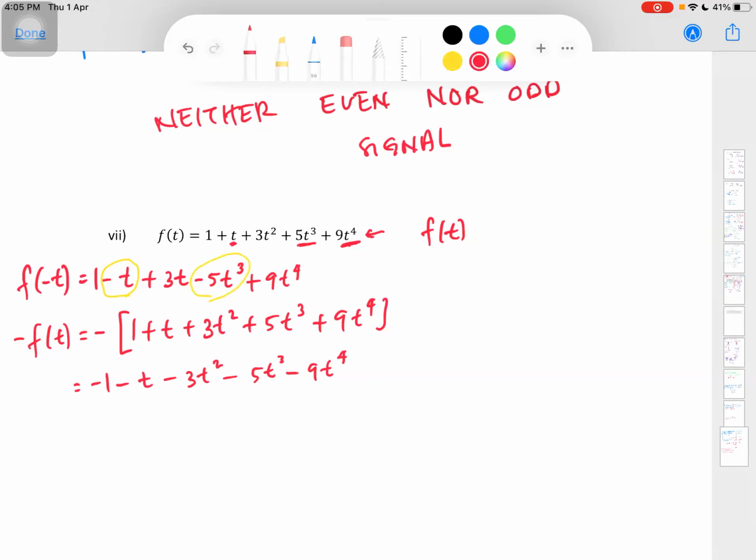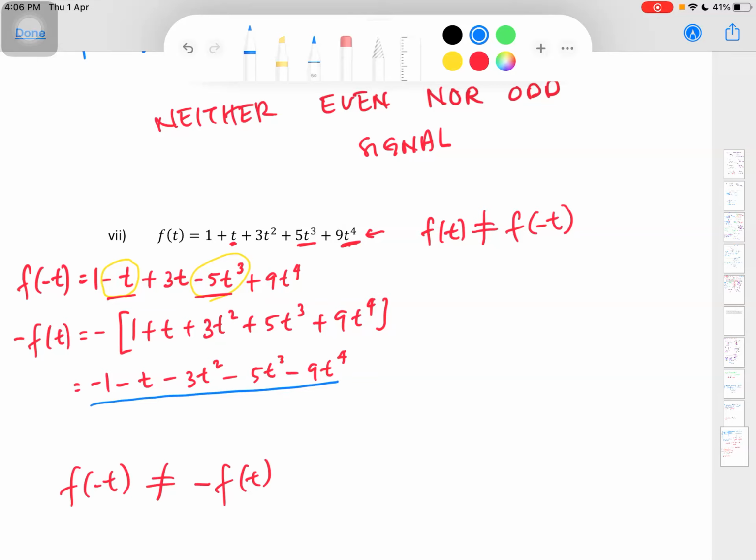Okay, so we can say that f of t is not equal to f of minus t. And if we compare f of minus t with minus f of t, they are also not the same, right? Because for f of minus t only these two parts are negative, but for minus f of t everything is negative.